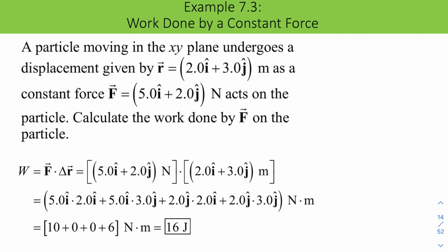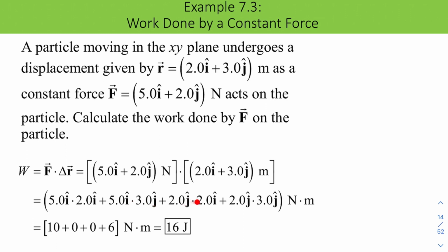So work done by definition is F dot delta R. So what is our F here? And this is our R. Again, remember, no need to consider I dot J, because the product will be 0, or J dot I. Straight away, it's I dot I, which is 5I multiplied with 2I. This one you will get 10.